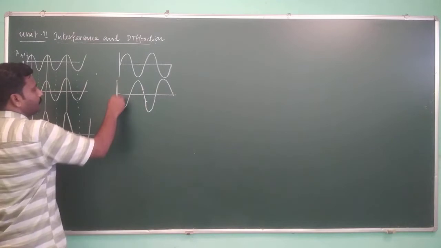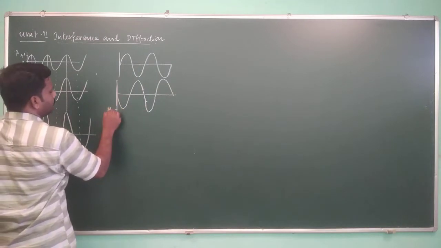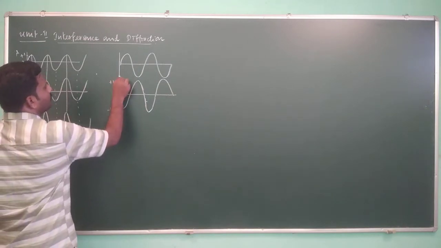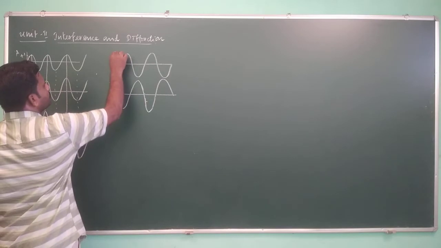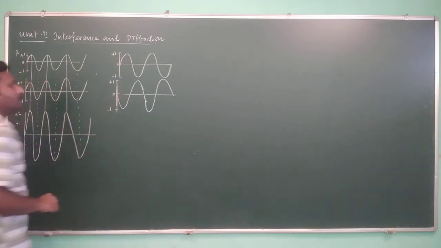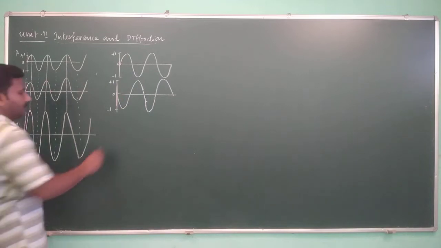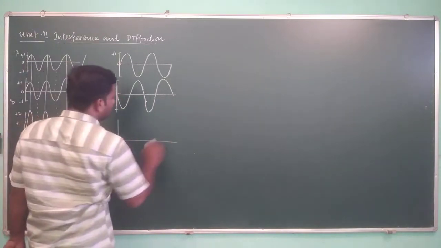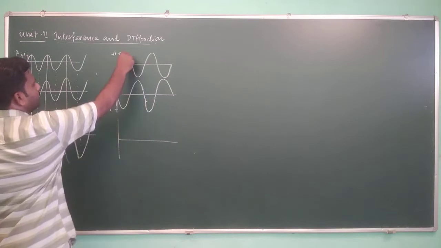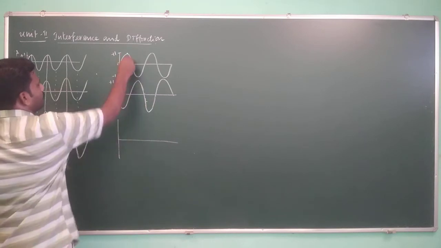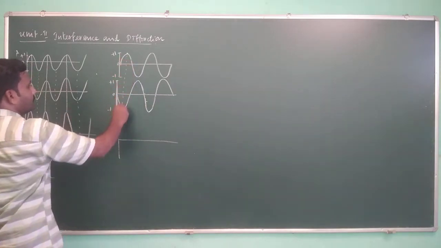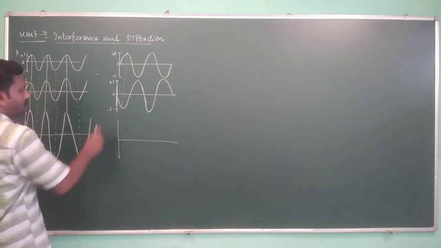Now here the maximum amplitude is again +1 and -1 for these two waves, right? In this case, what would be the resultant? Here also, if you sum them, what will happen? +1 and -1, right? Let's consider the peak. So +1 and -1.